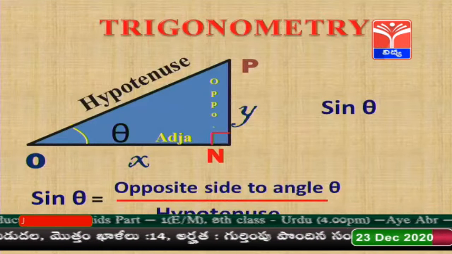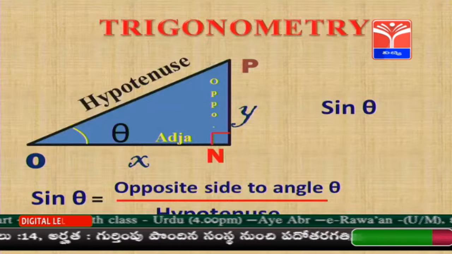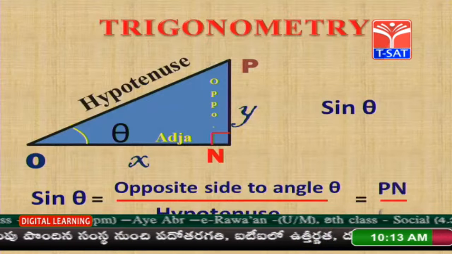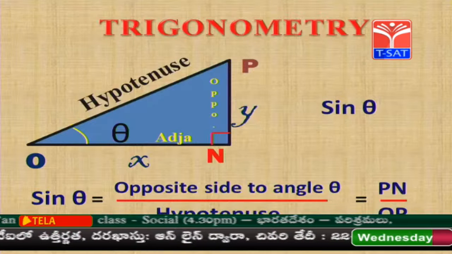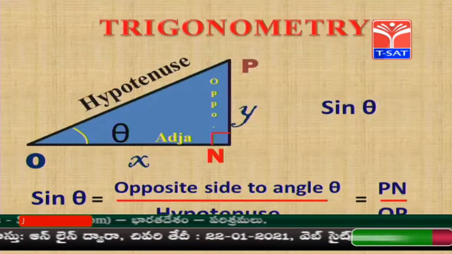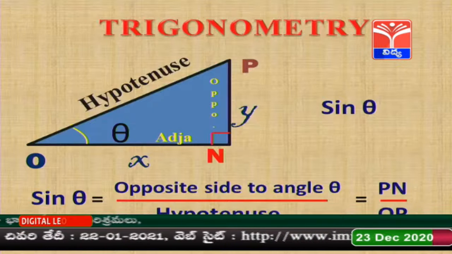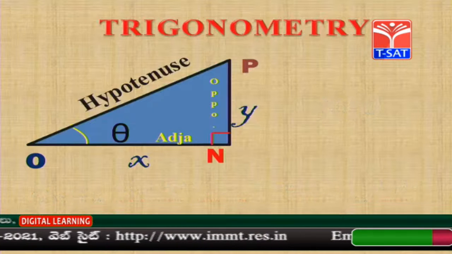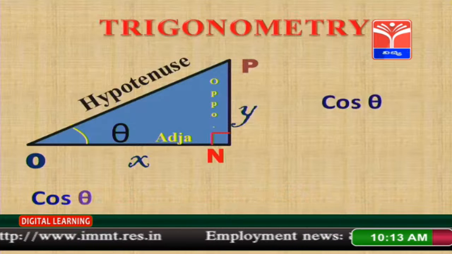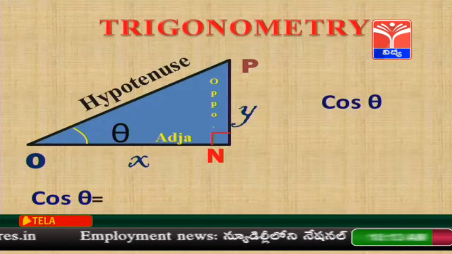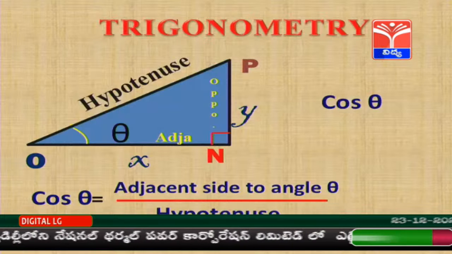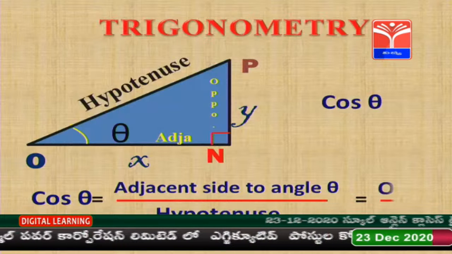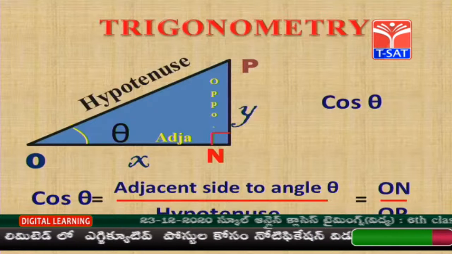So, here the opposite side to angle theta is Pn and the hypotenuse is OP. Now, with the sine we are going to discuss one more ratio, that is called cos theta. Now, cos theta is equal to the adjacent side to angle theta by the hypotenuse, which is equal to On by OP.